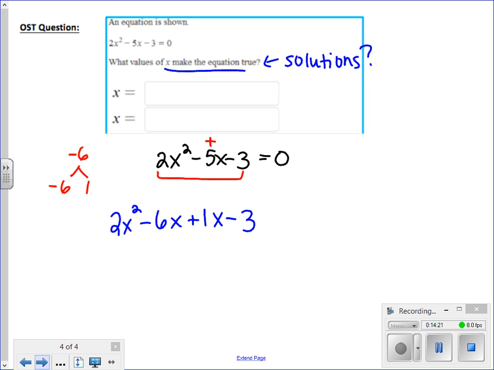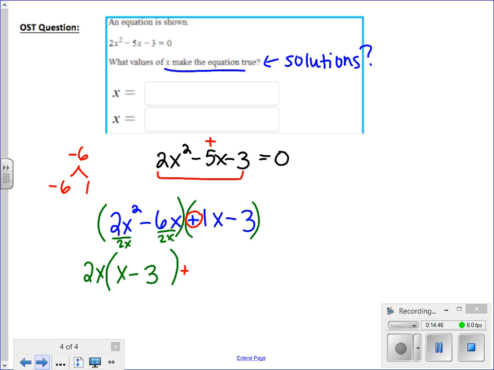I can now go ahead and group this polynomial and look for GCFs. The GCF between 2x squared and negative 6x is 2x. When I divide each term by 2x, I'm left with x minus 3. And then over here, the third term is positive, so my GCF is going to be positive.